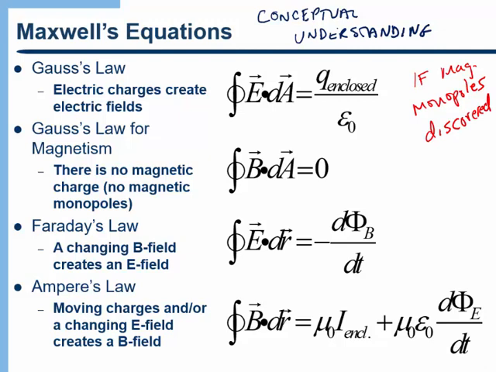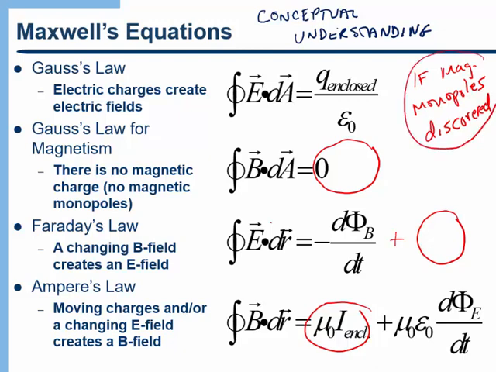We would now have magnetic charge, so we would have something here. And if moving electric charges create magnetic fields, then moving magnetic charges would create electric fields. So if we had monopoles, then these equations would be completely symmetrical. But they're not, because there are no known magnetic monopoles. Okay, so this is the understanding that I'm expecting of you for the final exam.